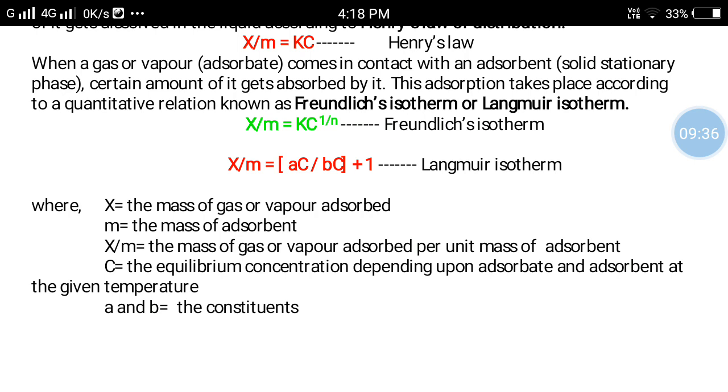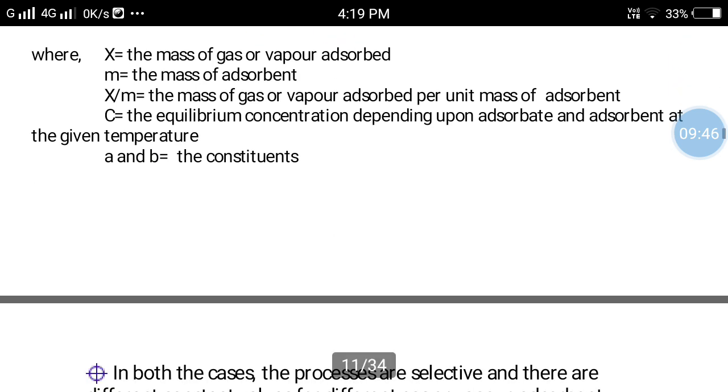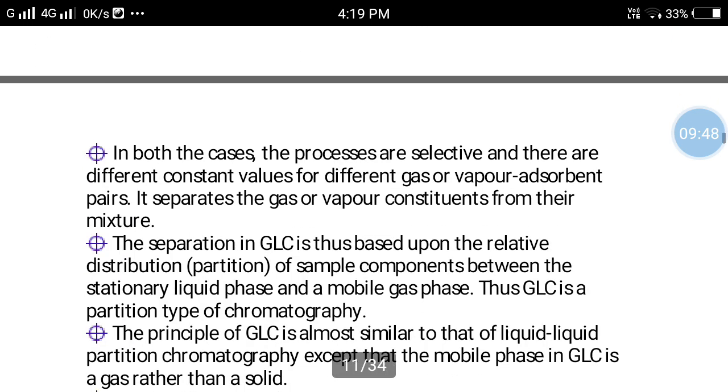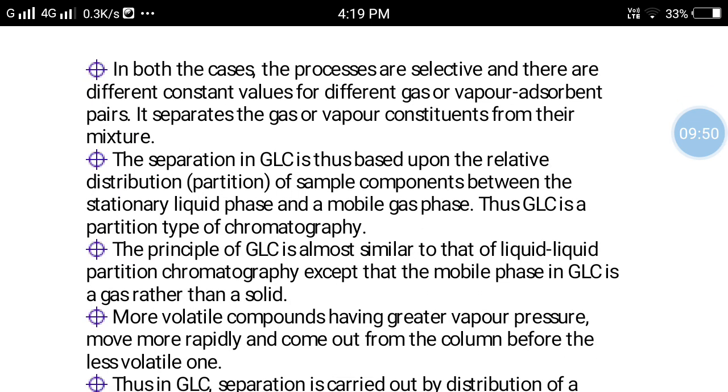C is the equilibrium concentration depending upon the adsorbate or adsorbent at the given temperature. A and B are the constants. In both cases, the processes are selective and there are different constant values for the different gas or vapor adsorbent pairs.